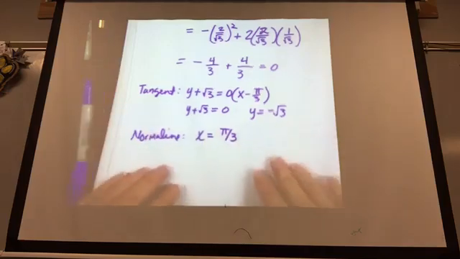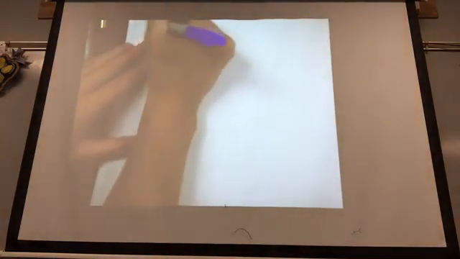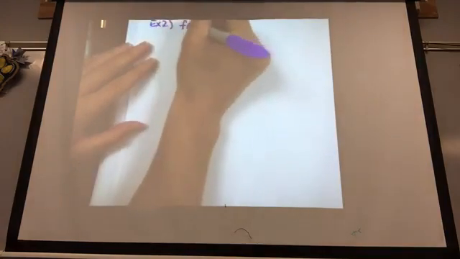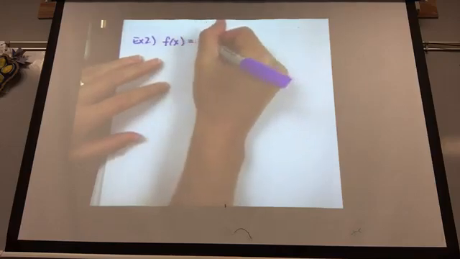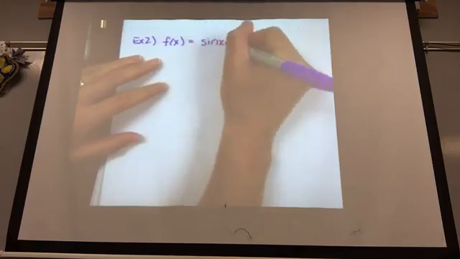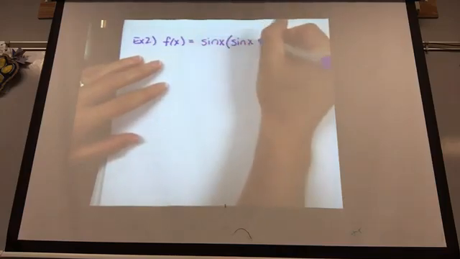Okay, so do the same thing for the next example. So y'all try this one. Example 2. This will be the last example today in our notes. So write the equation of the tangent and normal line for f of x equals sine of x times sine of x plus cosine of x.